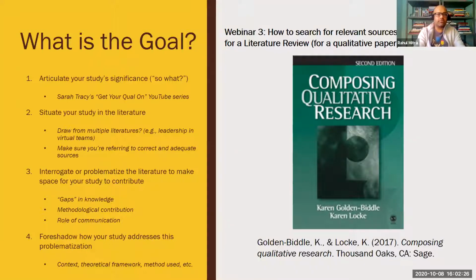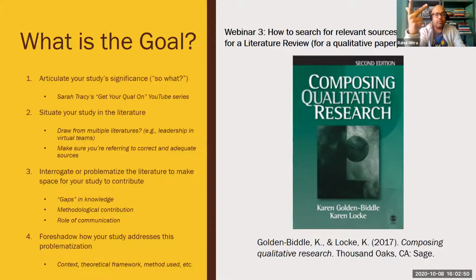The goals for the literature review are, number one, to articulate why your study is significant, why it is important. Number two, to situate your study in the broader literature of various disciplines. Number three, to target or problematize the contribution that your study will make.